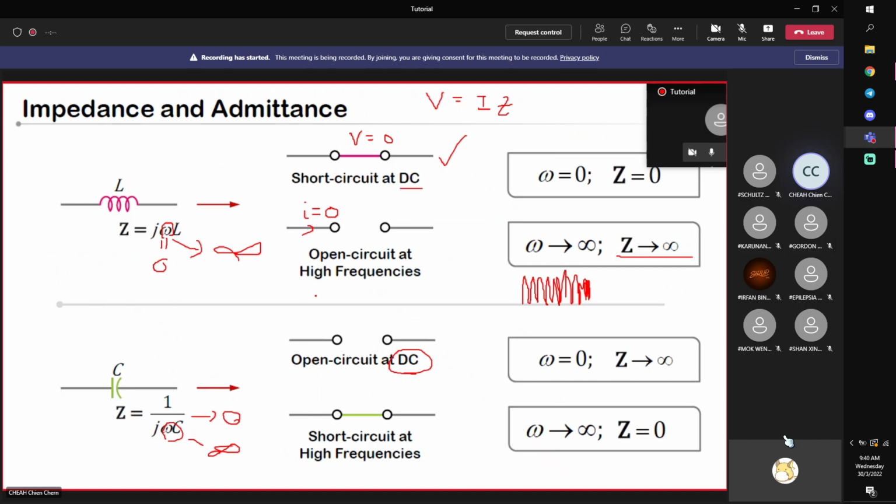So this is how your energy storage elements behave at the two extreme frequencies. One is no frequency, one is extremely high frequency. And for frequency domain analysis, we are interested in the wide range from 0 to very high frequency.